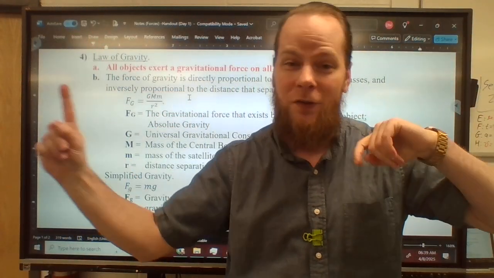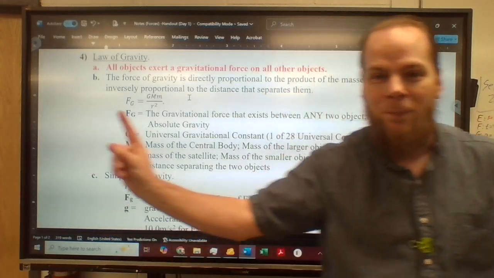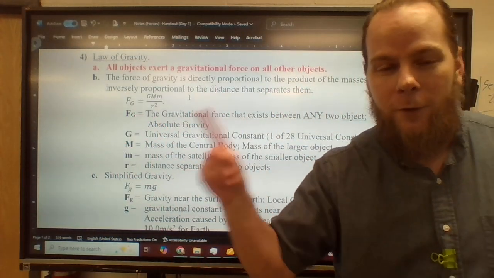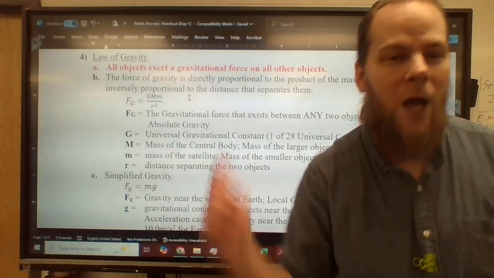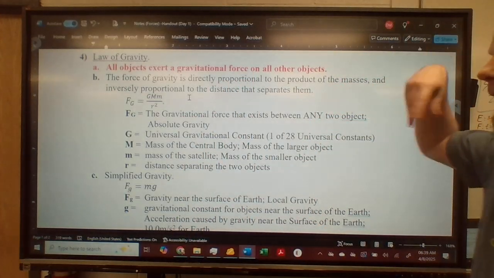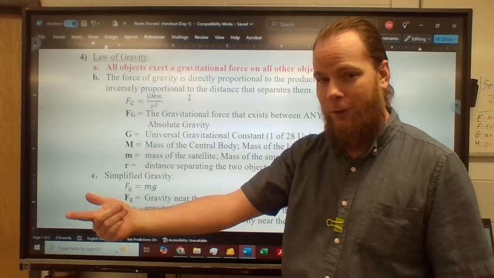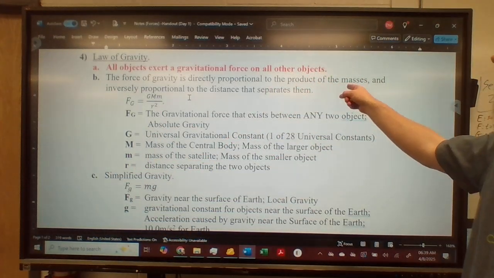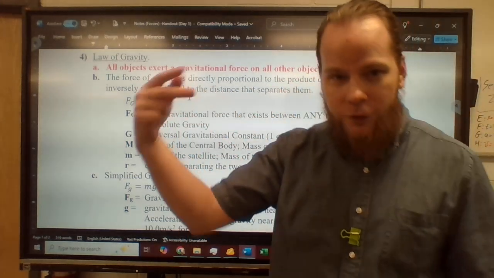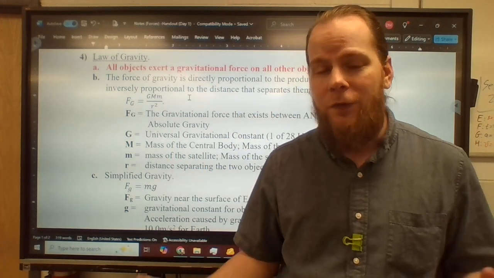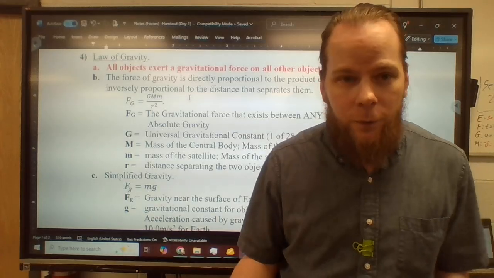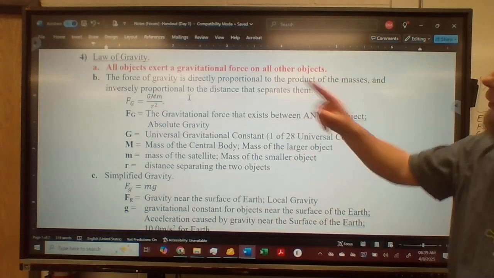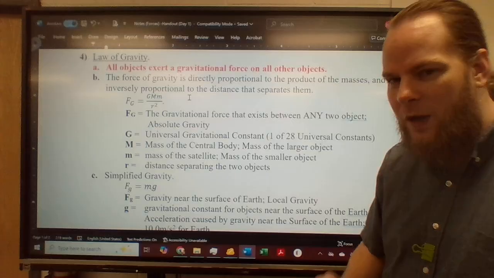Well, it's because of that second thing that I already said. That gravitational force that every object experiences is directly proportional to, or goes up as, the mass of the objects involved. So the two chairs have a very small mass, so they exert a very small gravitational force on each other, and it's inversely proportional to the distance that separates them.